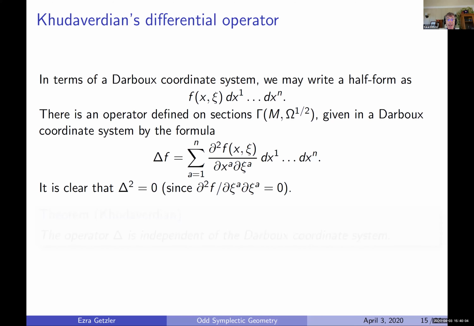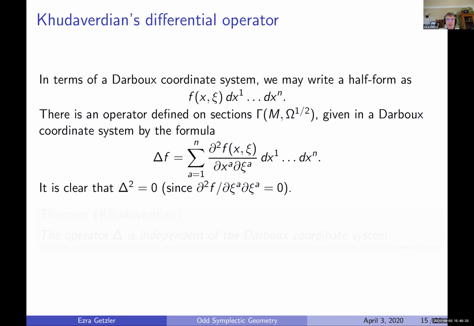So now we come to the first remarkable piece of differential supergeometry in the talk. So if we have a Darboux coordinate system, from what I told you, we can write a half form just as a function times dx1 up to dxn, where we just take the even coordinates of the Darboux coordinate system and multiply them together, okay?